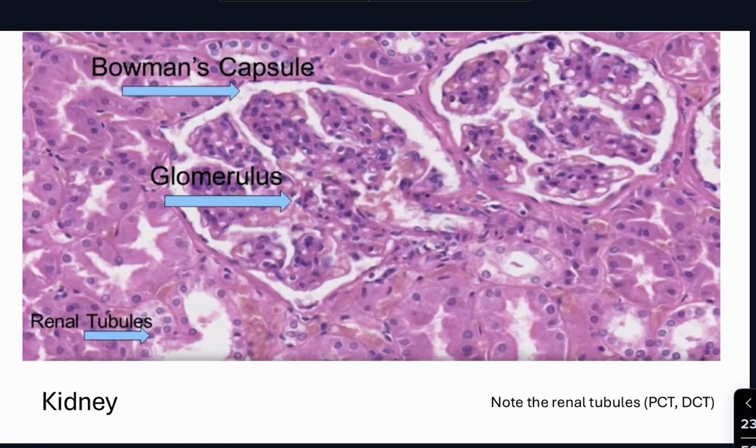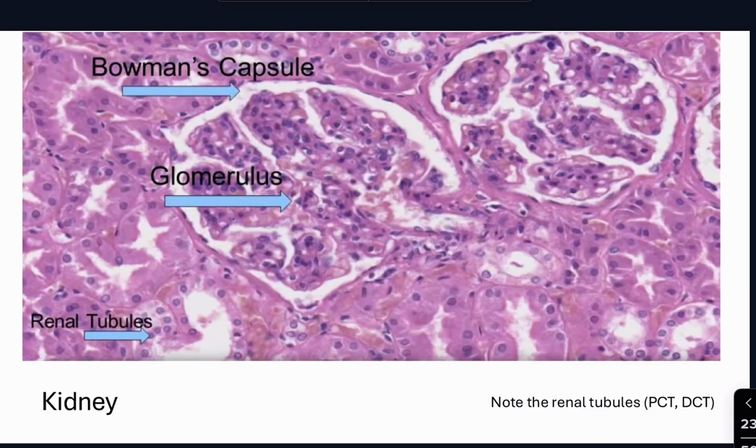So the majority of the tubules found in the cortex are going to be PCT segments, composed of simple cuboidal or sometimes short columnar epithelial cells. But I'm just telling you this so you're familiar with what you're looking at. I'm not going to test you on specific tubules. But it's important that you're familiar with the general makeup of a slide.